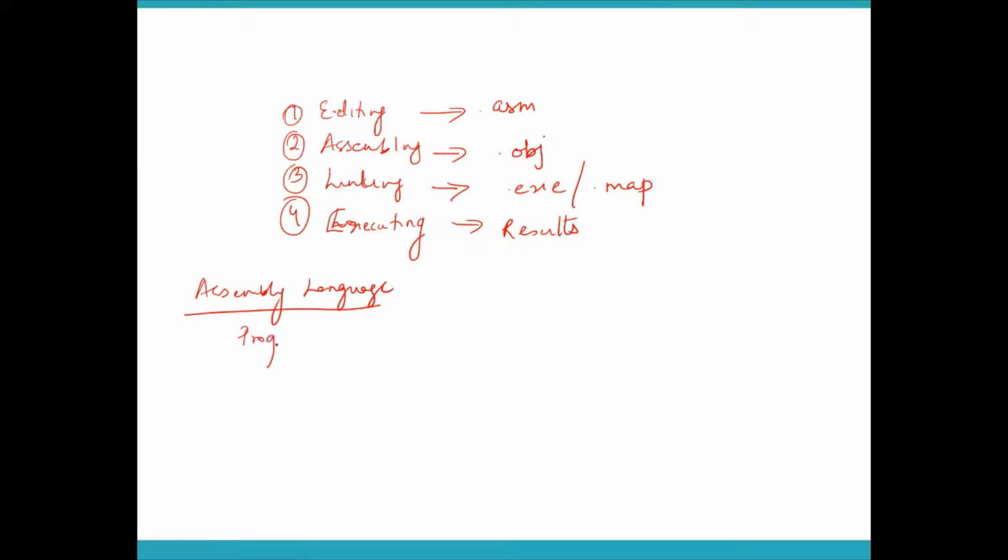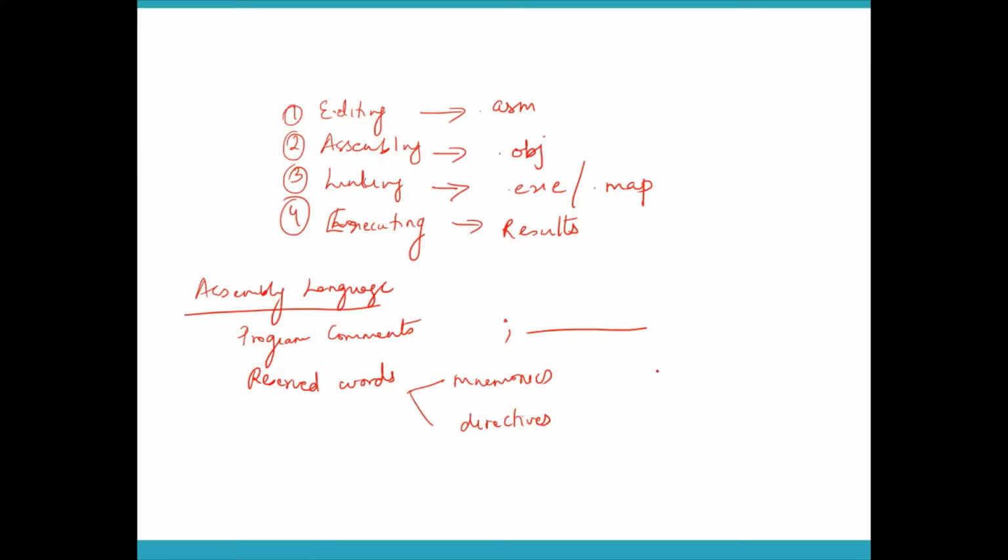You might have seen in your lab manual that I've written something called comments. Things which are preceded by semicolon are called comments. Then there are certain reserved words used in writing programs. These reserved words include mnemonics and assembler directives.